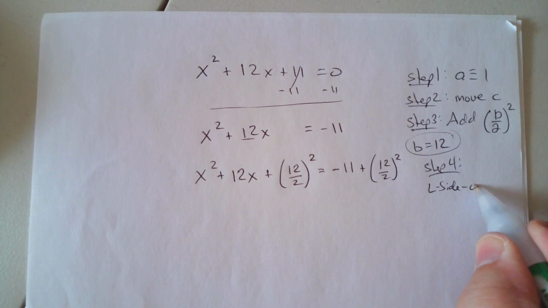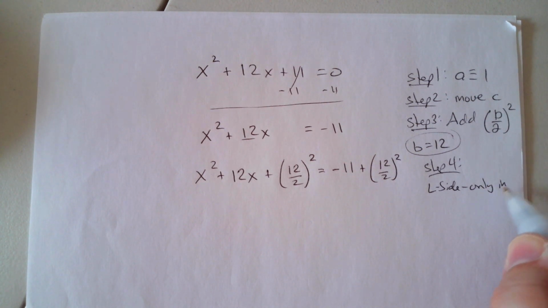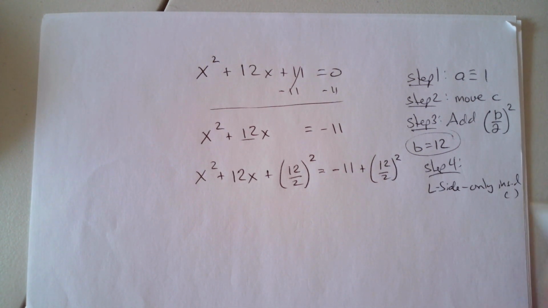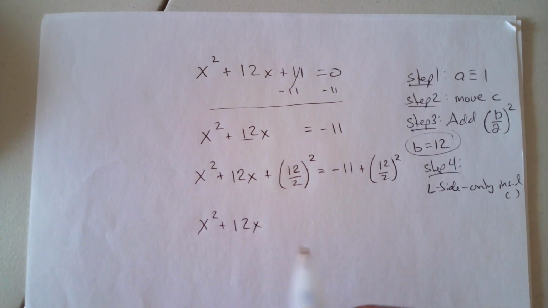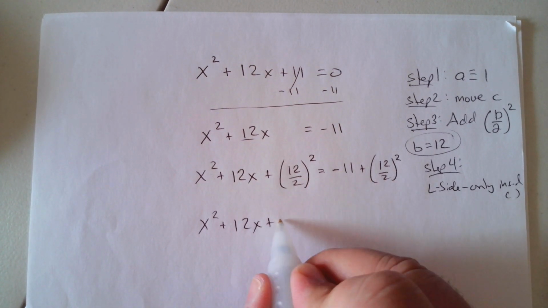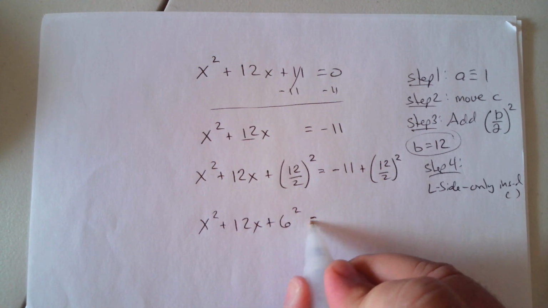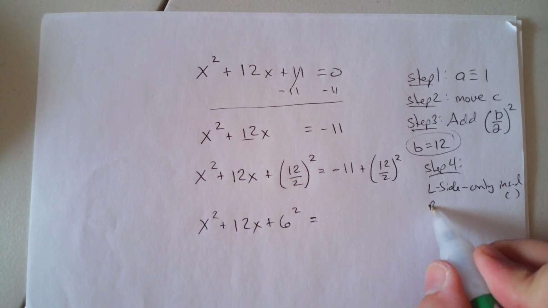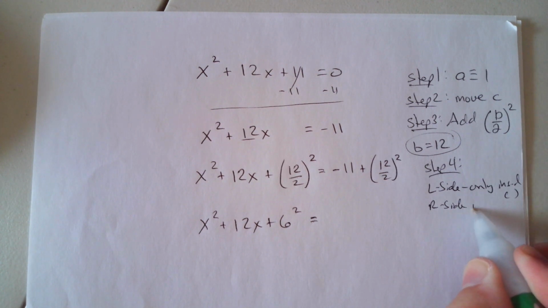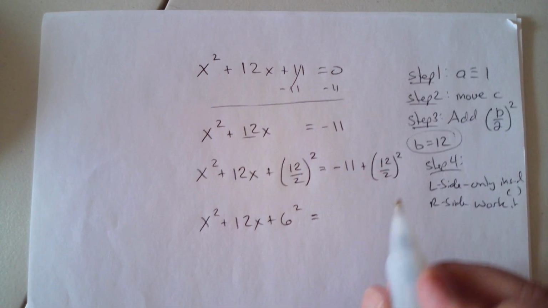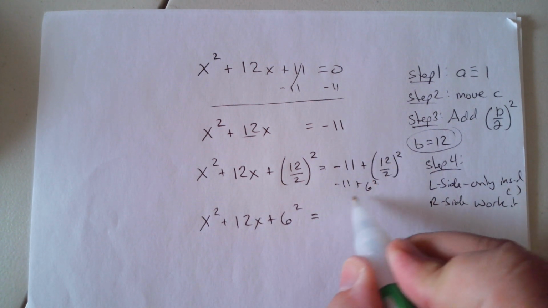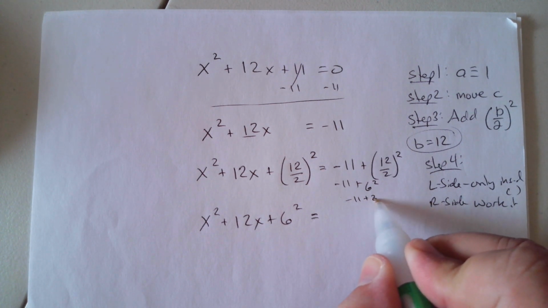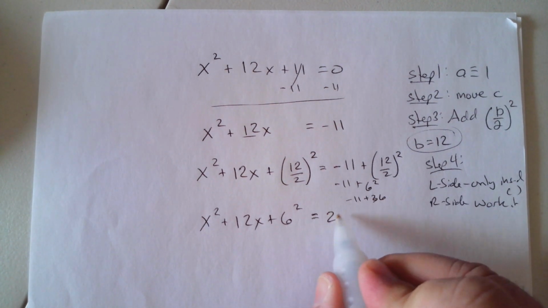Left side, only inside the parentheses. So we have x squared plus 12x, 12 divided by 2 is 6 squared. Right side, work it. So we have 12 over 2 is 6. 6 squared is 36. Negative 11 plus 36 is 25.